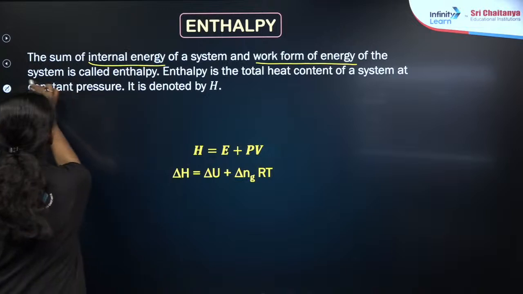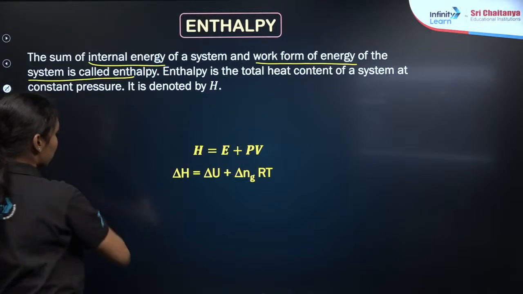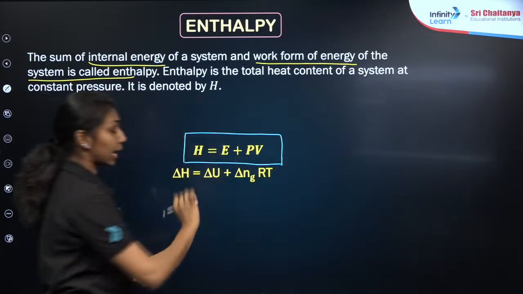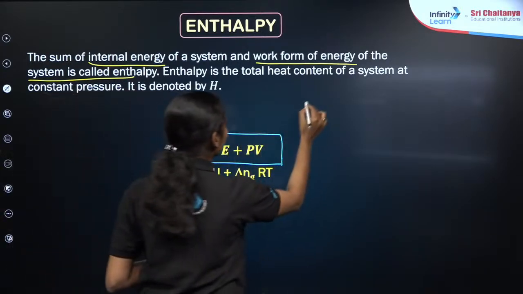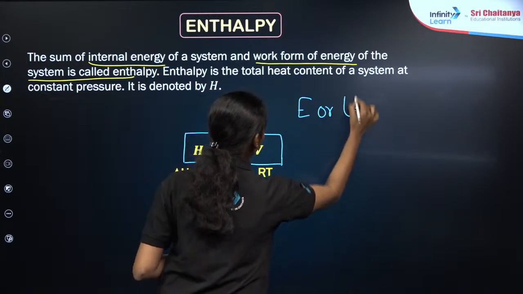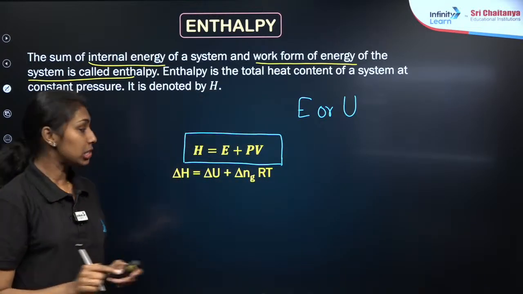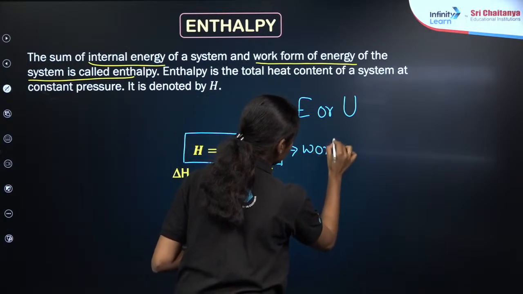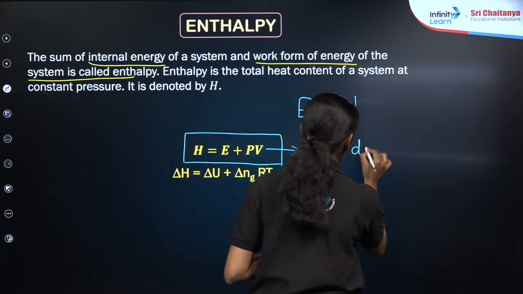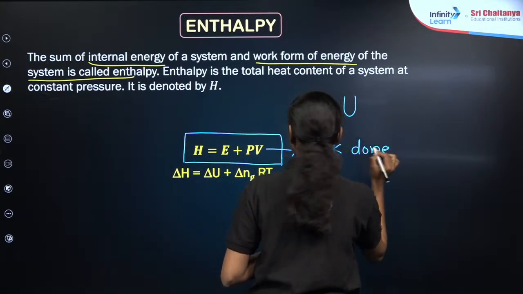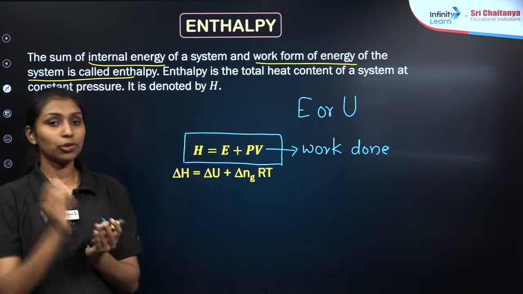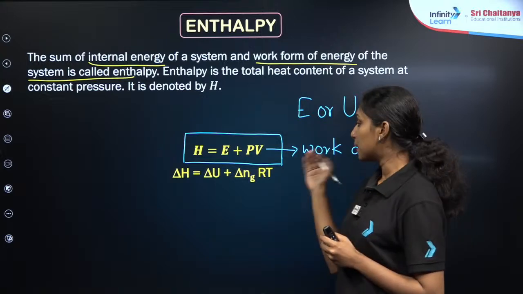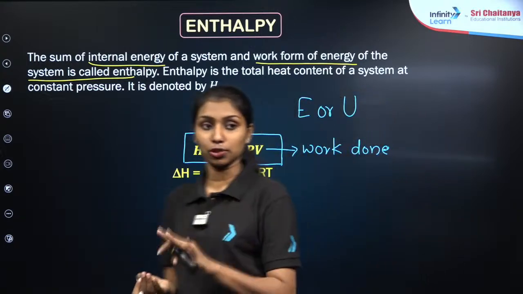From the mathematical expression, H denotes the enthalpy, and that is equal to the sum of internal energy, which can be denoted as either E or U. So, enthalpy H is equal to E plus PV, where PV is the work done, the pressure volume work, which you will be discussing in detail. Work done is equal to P into V, that is pressure into volume.